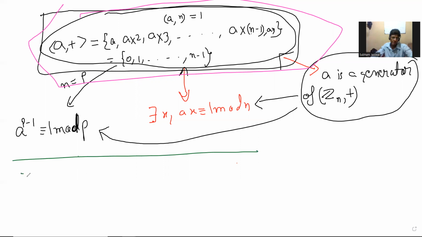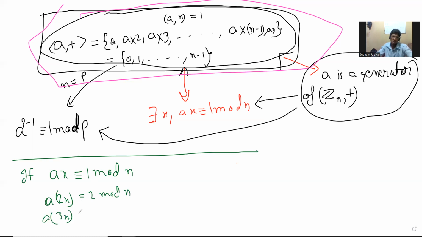So if A can generate 1, okay, so if A times X gives you 1, right? Then you know that A becomes a generator, right? Because A times 2X will give you 2, right? A times 3X, it has to give you 3.